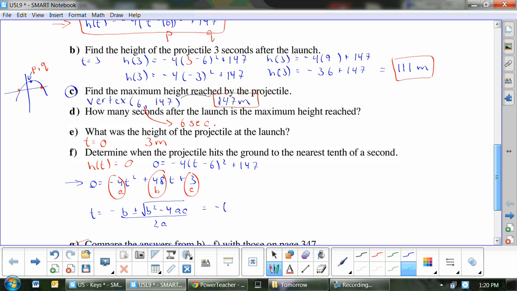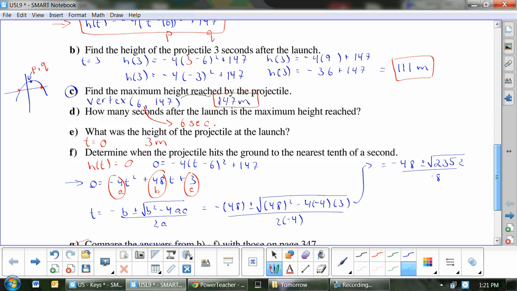Okay, so we'll get negative 48 plus or minus the square root of 48 squared minus 4 times negative 4 times 3. Okay, and then when we start to solve this, we get negative 48 plus or minus, and under the root we get 2,352, all over negative 8.